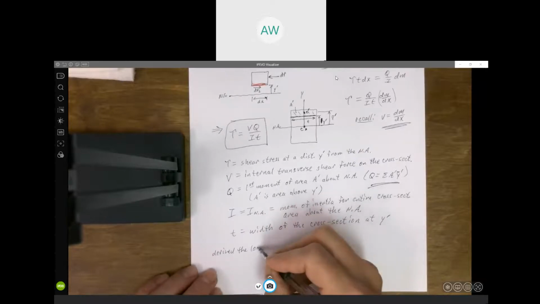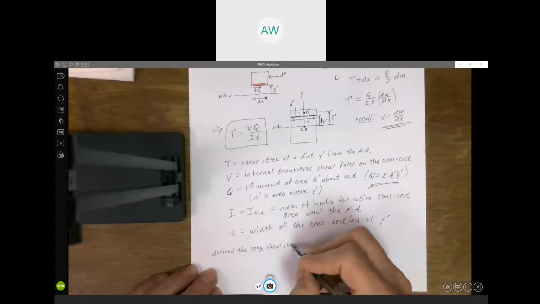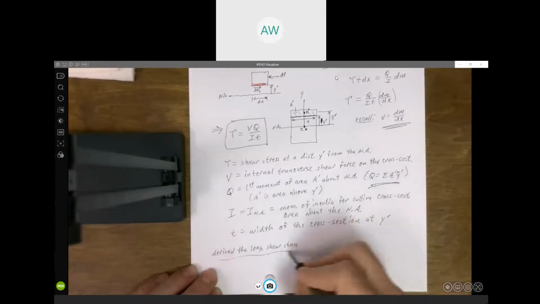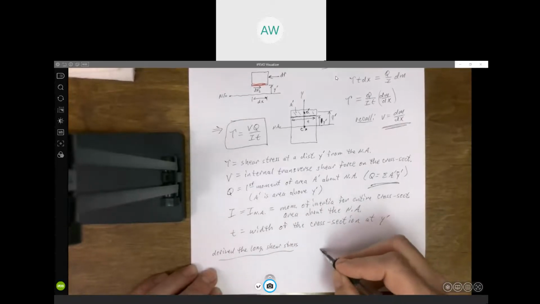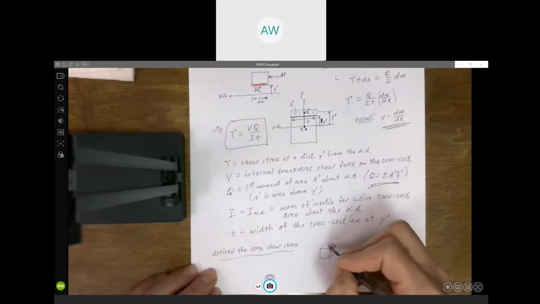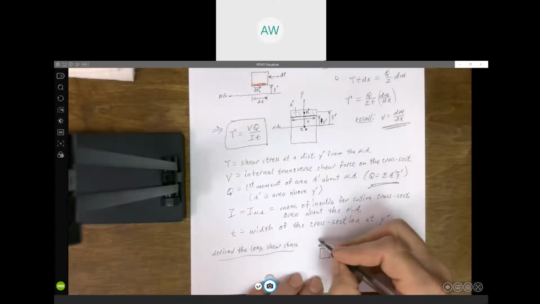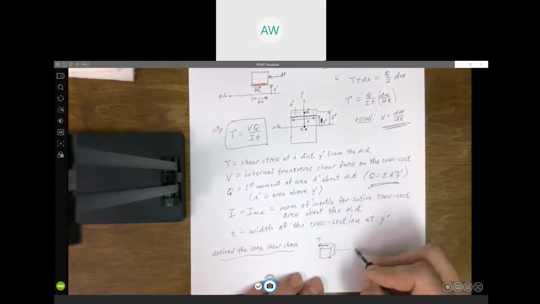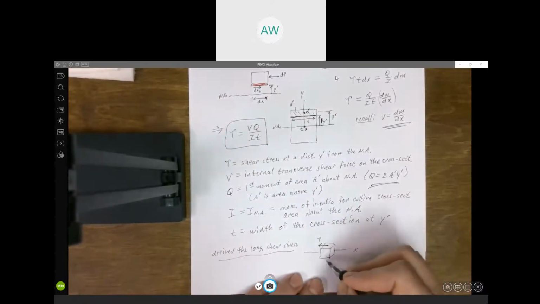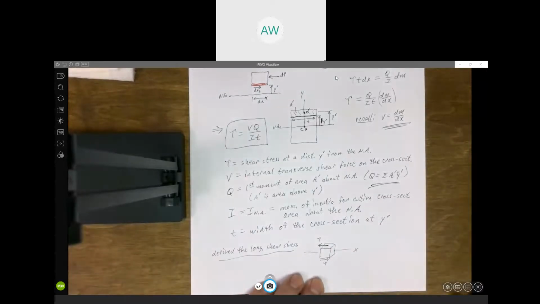If you look at some little element, what we actually derived for tau is in the longitudinal direction.